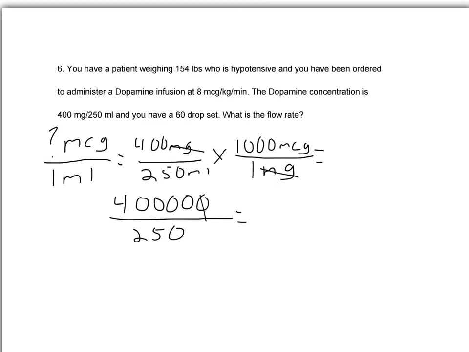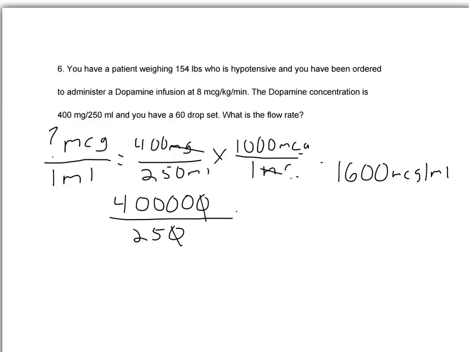Cross off here, cross off here. 40,000 divided by 25 is 1,600 micrograms per milliliter. And again, if you're using the pre-mixed bag, this will be on the bag. If you have to mix it yourself, do the calculation yourself before you're with the patient.